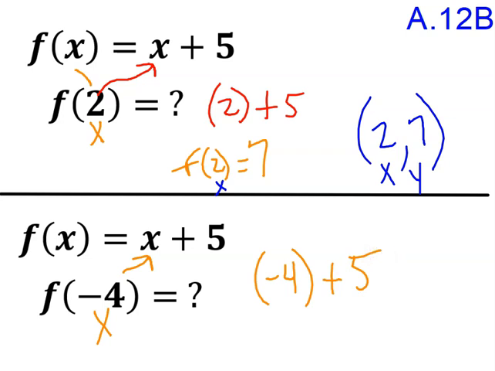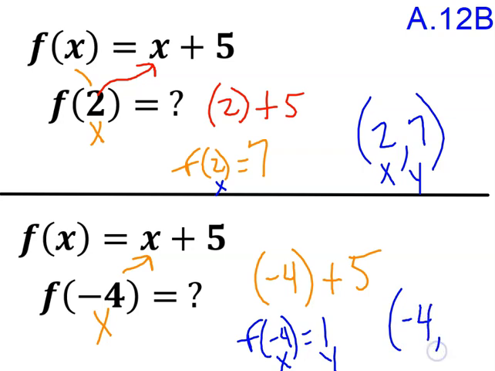So there's nothing that's going to change this first parentheses, so negative 4 plus 5 happens to be a positive 1. So I can technically say f of negative 4 equals 1. So my x value of negative 4 will give me an output value of 1. And if you want to write that as an ordered pair, you could say negative 4 gives me positive 1.